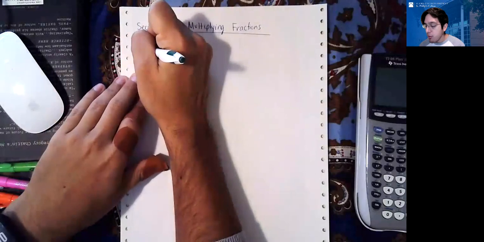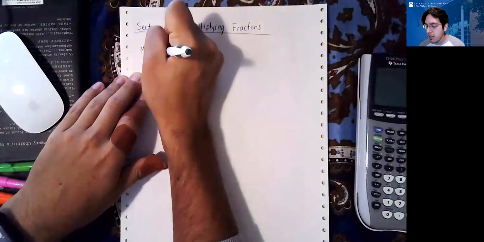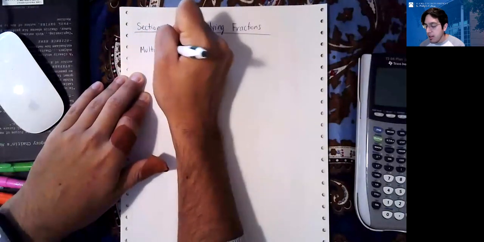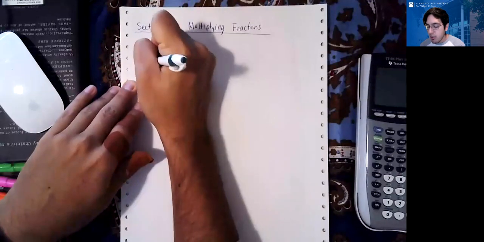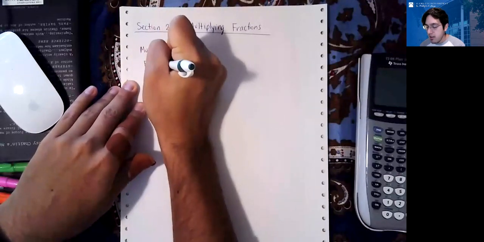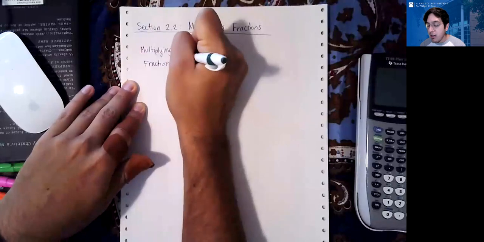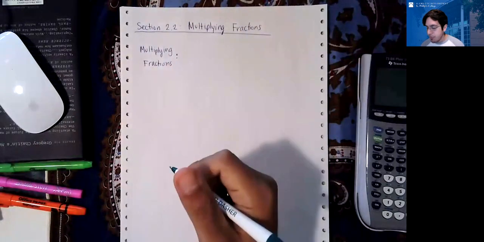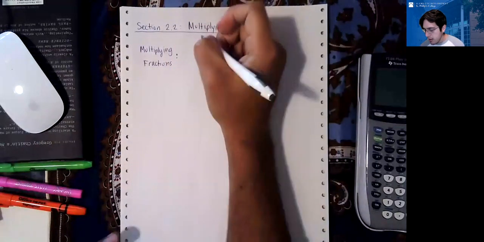So I'm going to give you the rule for multiplying fractions. This will apply in all cases when you're multiplying two fractions together, and we'll see how straightforward this actually is.